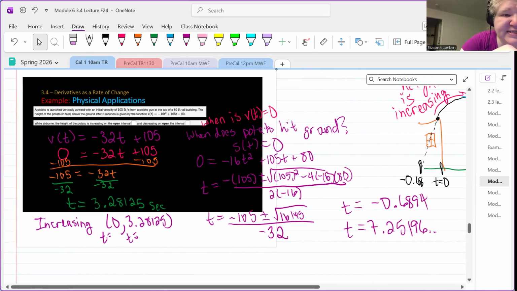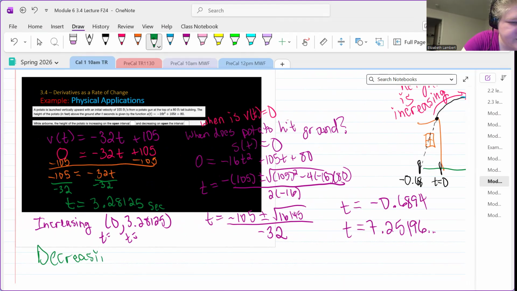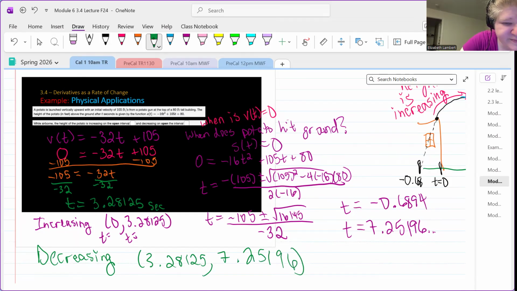So our decreasing height, our decreasing interval, would be from the 3.28125 to the 7.25196. And remember, these are t numbers. These are intervals.